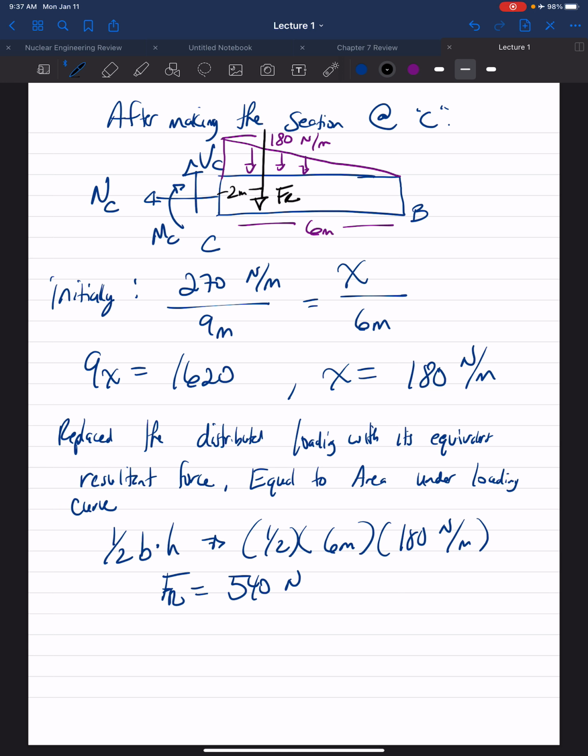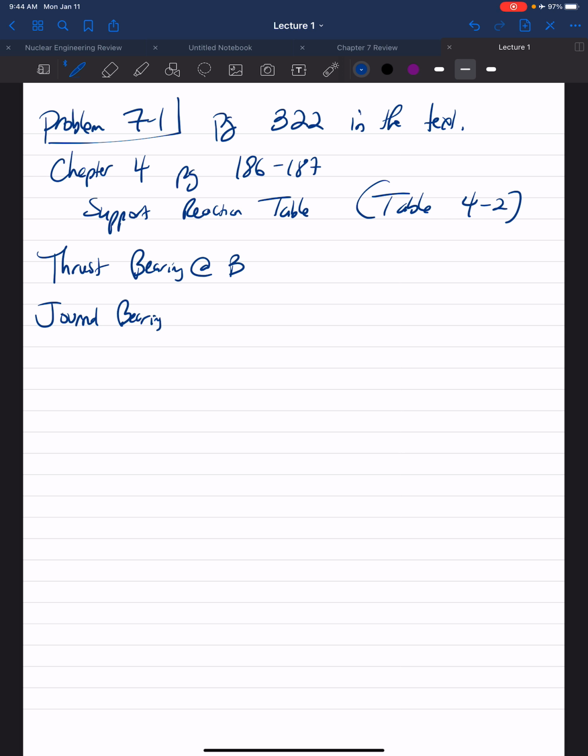This is table 4-2. So B is a thrust bearing, and a journal bearing at C. So for journal bearing, the reactions are 2 force and 2 couple moments.